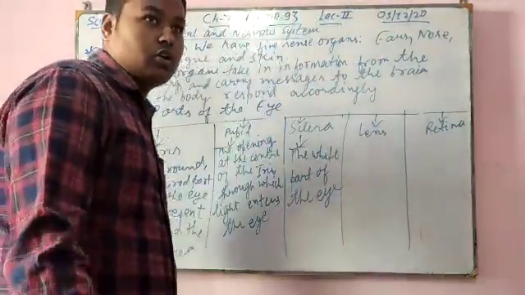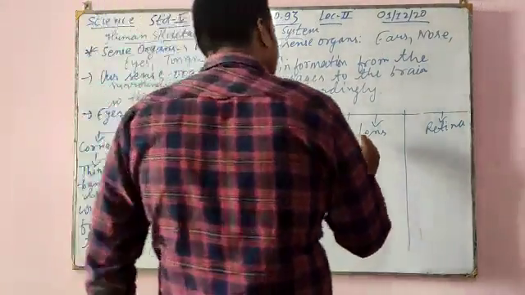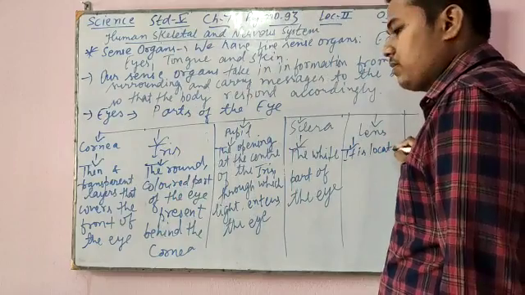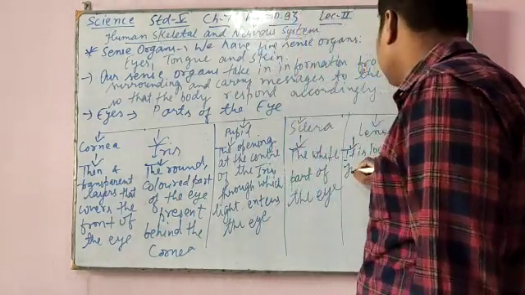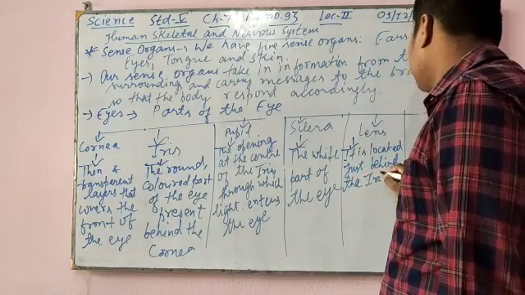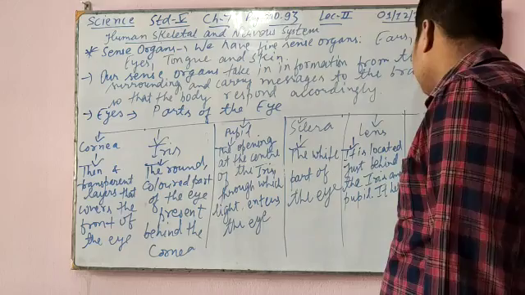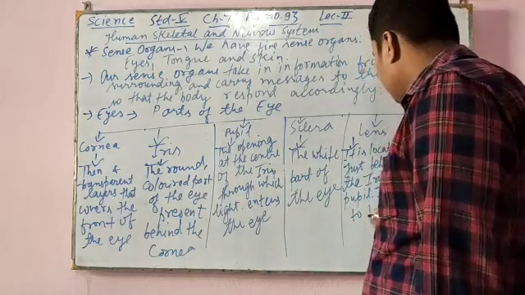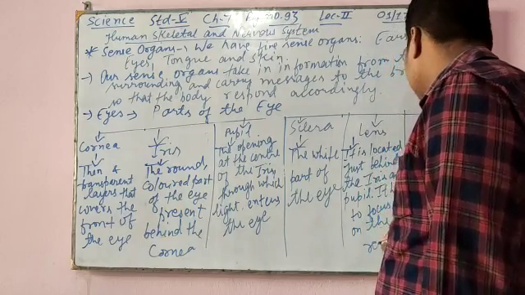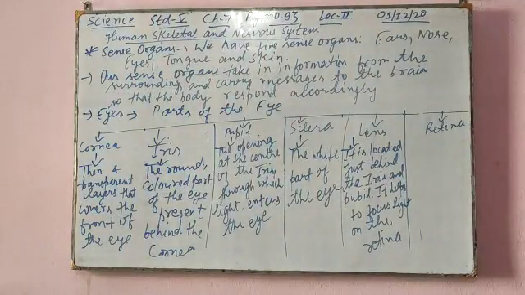When you go to an eye doctor, they will give you a lens if yours is damaged. The lens is very important.